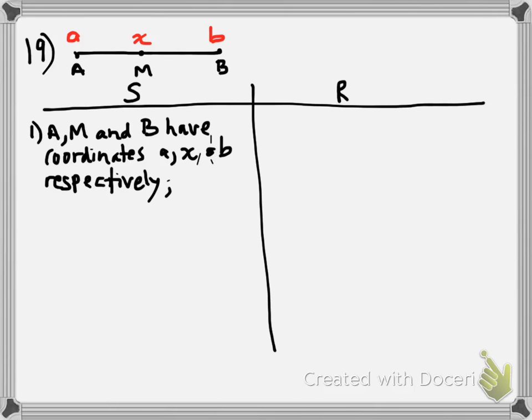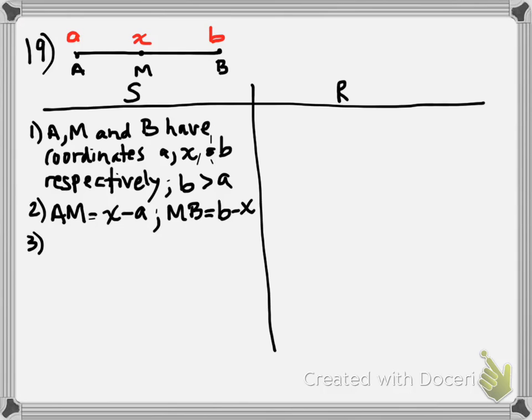We were given one more piece of information, that the b coordinate is greater than the a coordinate. Next, they came up with the length of AM is equal to x minus a, and the length of MB is equal to b minus x. Third statement, M is the midpoint of segment AB.